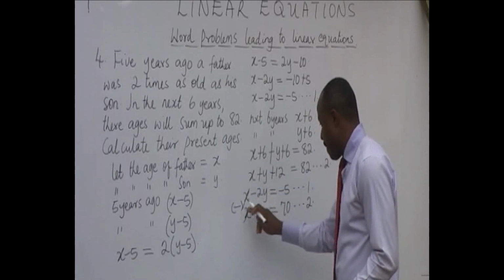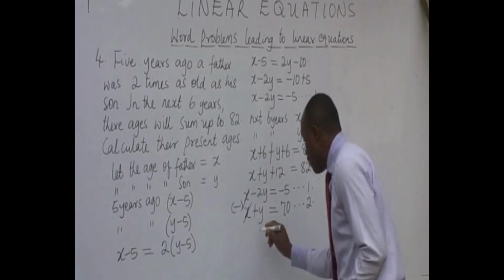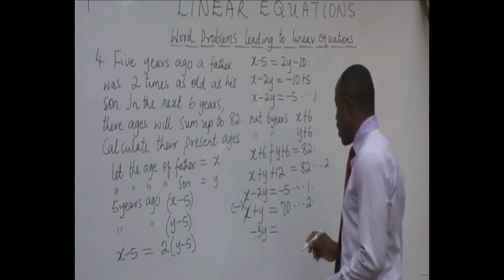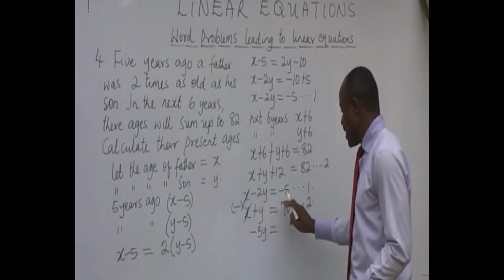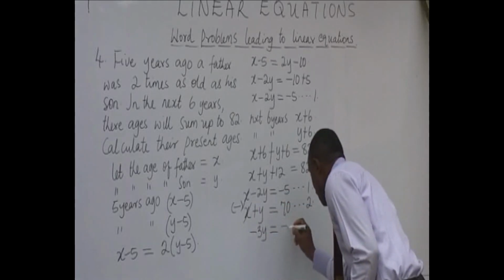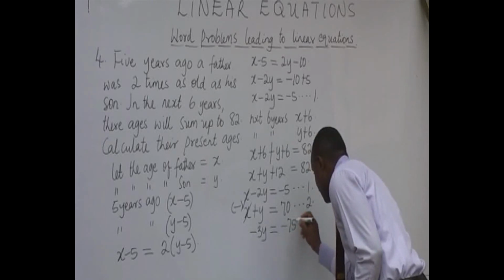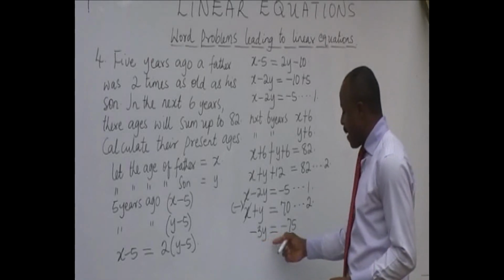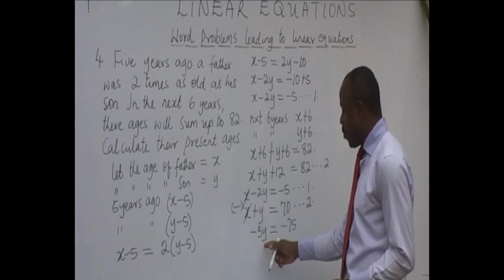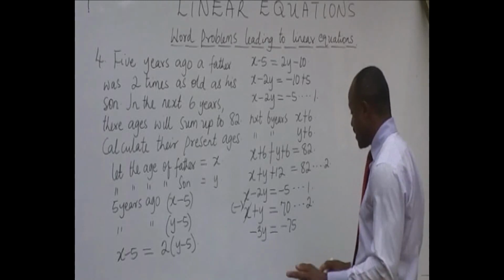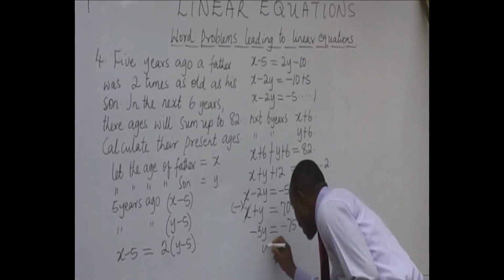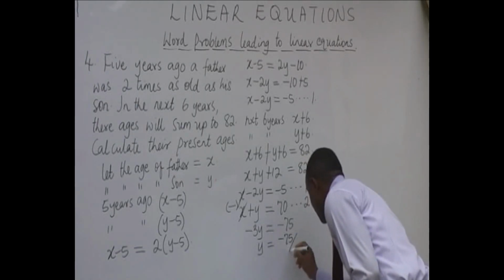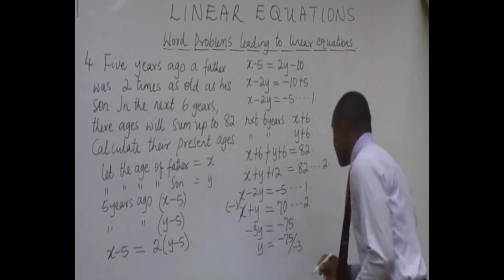Minus y minus 2y gives you minus 3y, which is equal to minus 5 minus 70. It's going to give you minus 75. Now we are going to divide both sides by minus 3 so as to have only y left on the left-hand side of the equation. When you do that, you are going to have y is equal to minus 75 divided by minus 3.